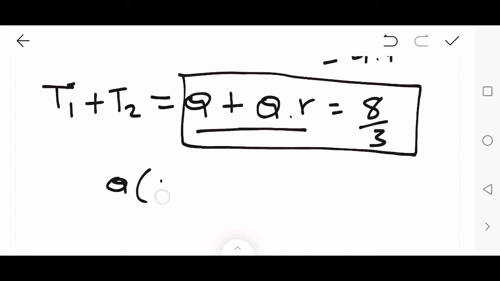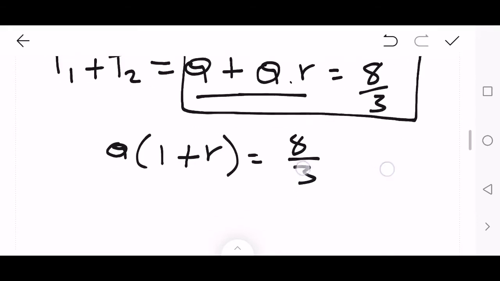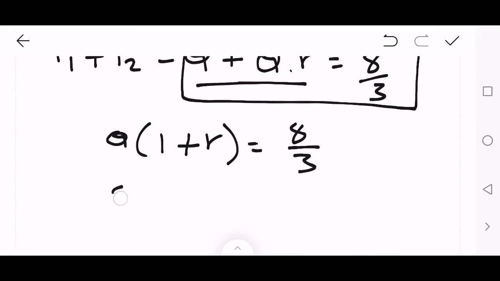So we'll have 1 plus r equals 8 over 3. So a will be equal to 8 over 3 into 1 plus r.